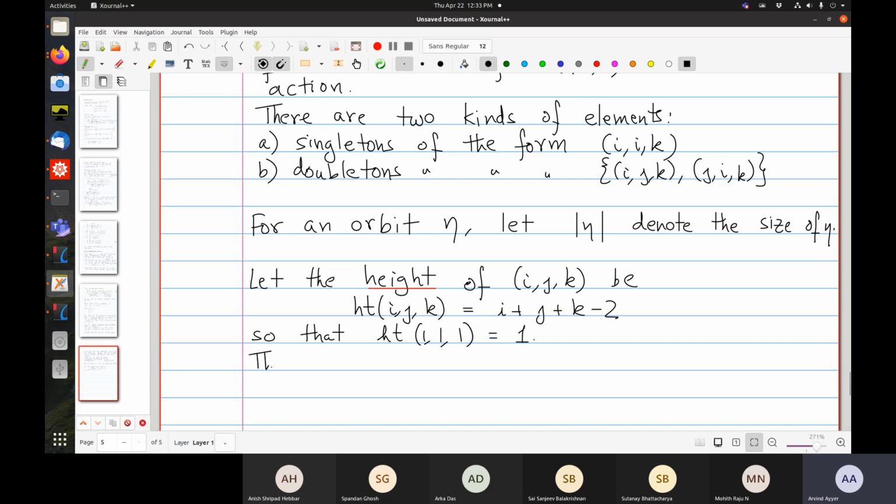So this measures the diagonal height, the height in the 1, 1, 1 direction.